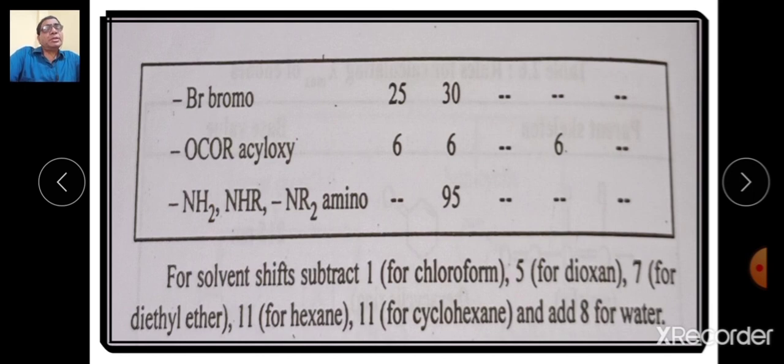In the next lecture we will solve problems on the calculation of lambda max value in dienes and enones using these Woodward-Fieser rules. With this, I conclude my lecture. Thank you.